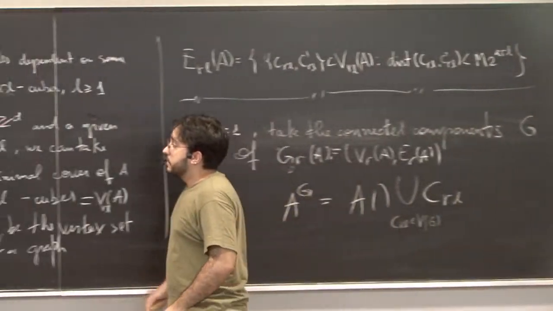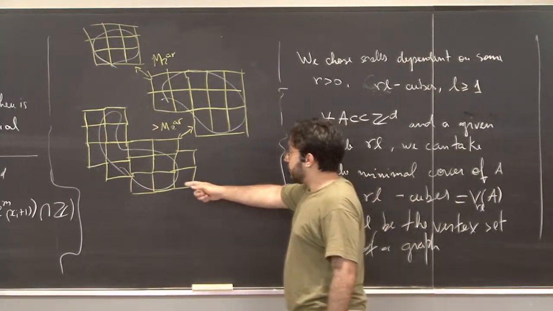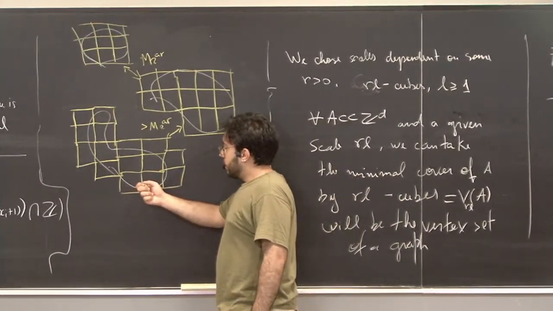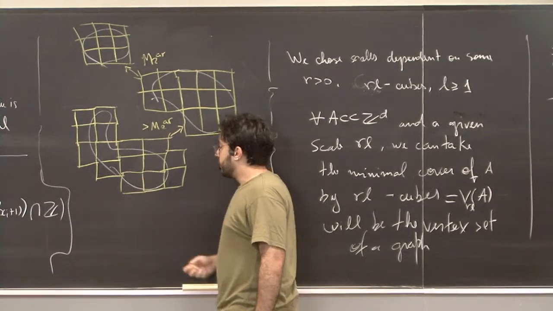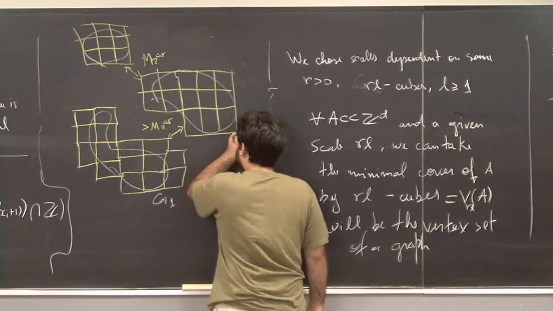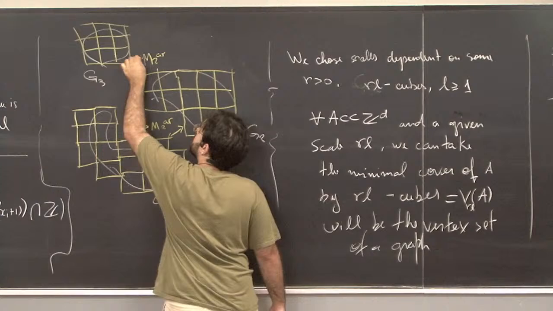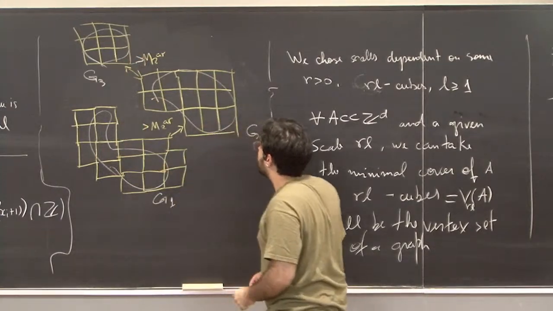So this means that the graph formed with the cubes from this cover over here, it will have three connected components: G1, G2, and G3, okay?